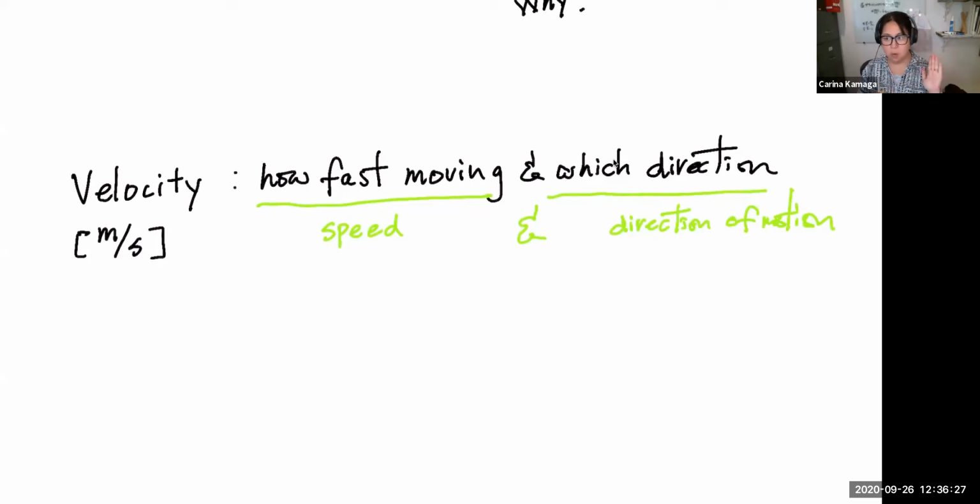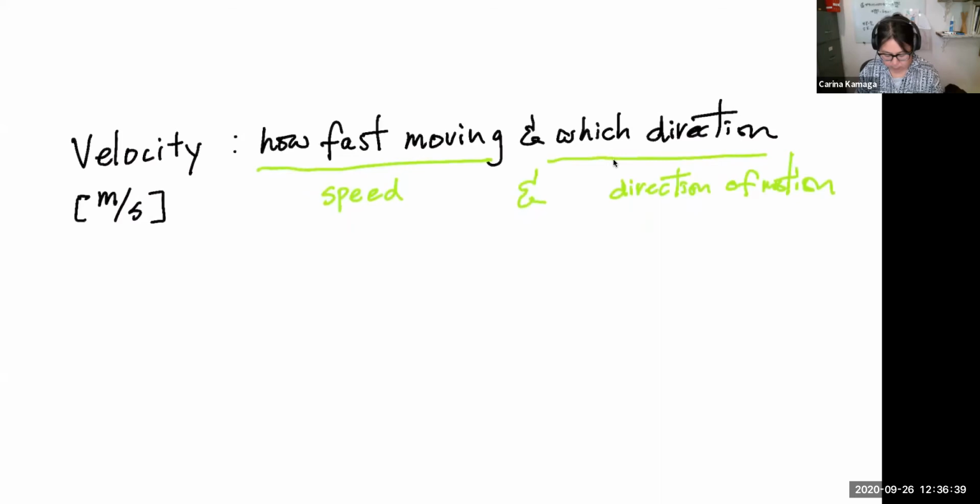But then you say which direction you had to take to get from point A to point B. So the unit is the same as the speed, meter per second.